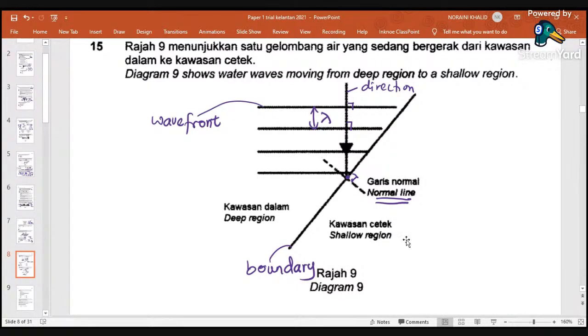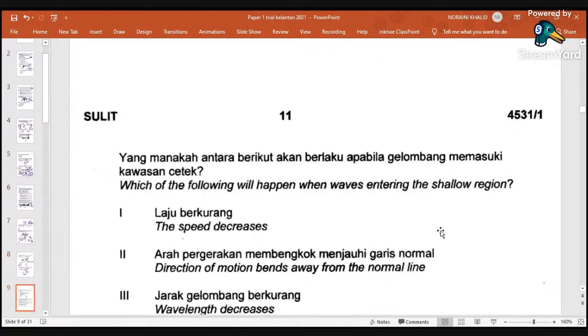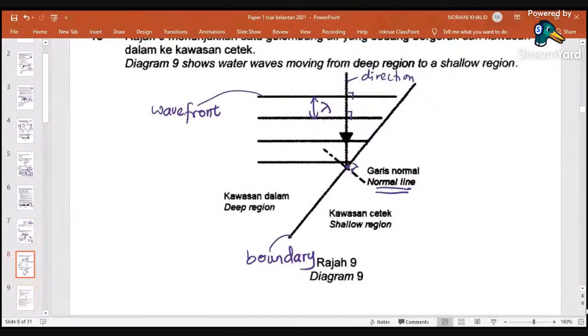Okay, next, let's look at the question. Which of the following will happen when wave enters the shallow region? Let's look at it. So angle of incidence is here, i. Traveling from deep to shallow, what happens to speed?